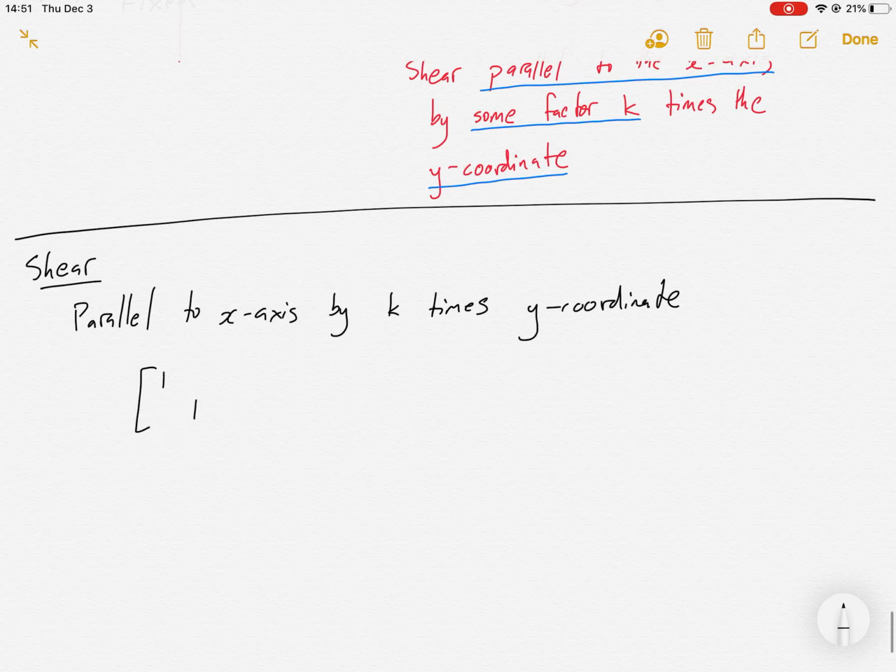We're going to have ones on the diagonal. And then I'm going to put a k right there. And then this will just be a 0. So this would be my transformation matrix.